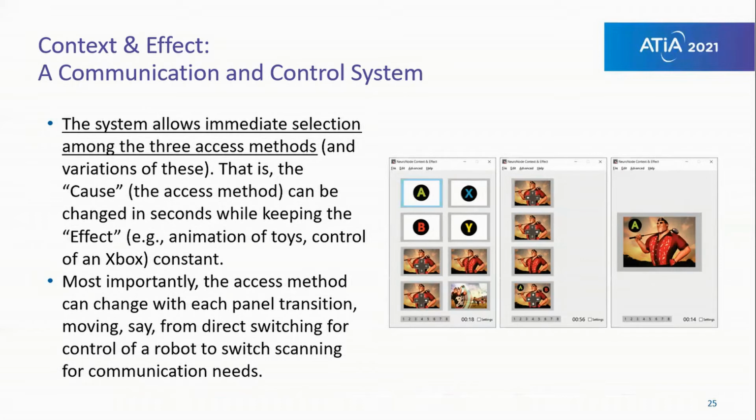But it's the ability to transition from one access method to another, going from panel to panel, at the same time you can reroute your switching that makes it possible to get that kind of leverage.